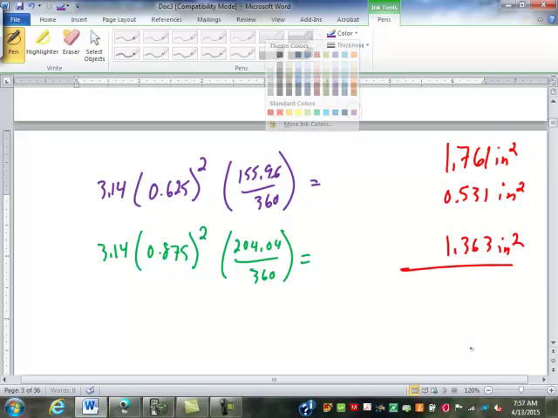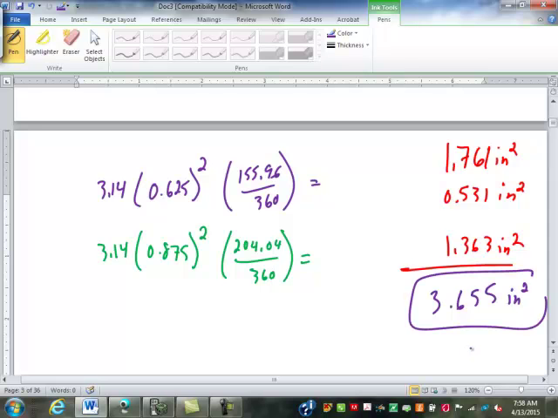And at this point, that's it. So we can add them up. 1.894 square inches. Works for me.